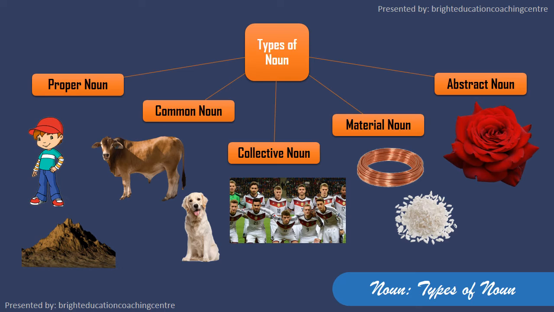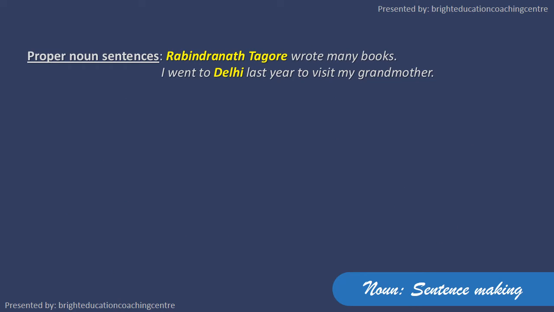Now, as we have reached the end of this video, we will be talking about some sentence making and how it works. Proper noun sentences. Remember one thing, proper noun sentences will include the name of a particular place or a particular person or a particular thing.